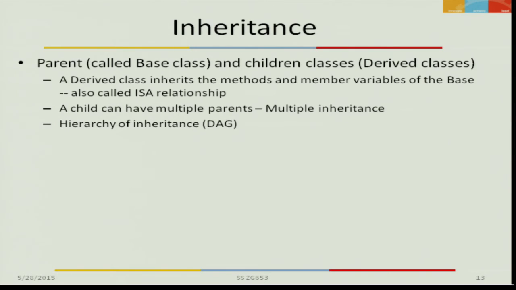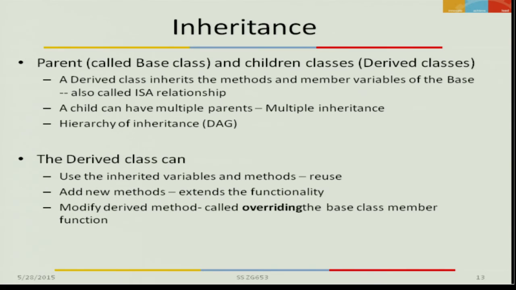But one property is very important: this hierarchy of inheritance is basically a directed acyclic graph. What that means is that if you imagine that these classes are the nodes and the edges are the inheritance relationships, then what you get is an acyclic graph, without any cycle. So there cannot be any cyclical dependency in the inheritance.